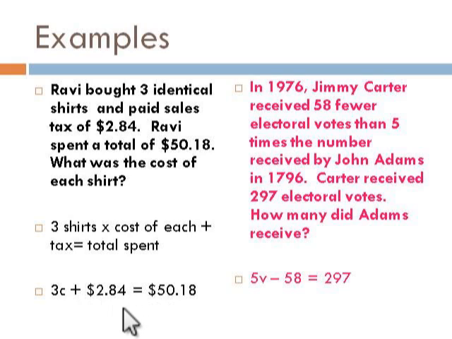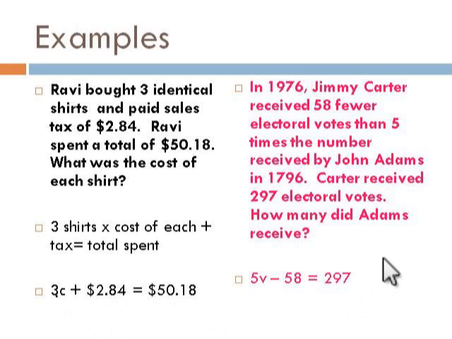My second step would be to undo the multiplication by dividing by 3. So I'm hoping that you will come to school tomorrow with an answer of how much each shirt cost by solving this equation.